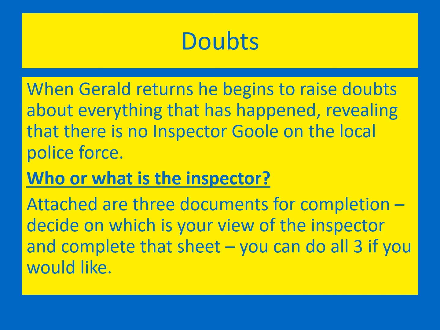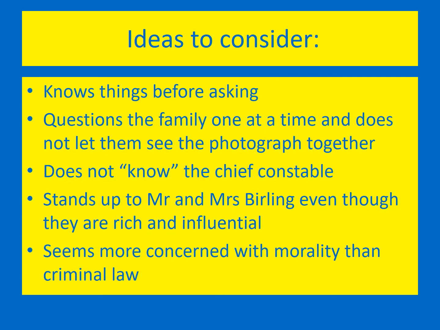Sent separately, so attached to show my homework, there are 3 Word documents which you need to complete. Now, I don't need you to complete all 3 documents. I want you to open all 3 of them and look at the first statement and decide on which is your view. And I want you to complete that sheet. What is the inspector representing? I need you to complete that and fill that in for me, please, ladies and gentlemen.